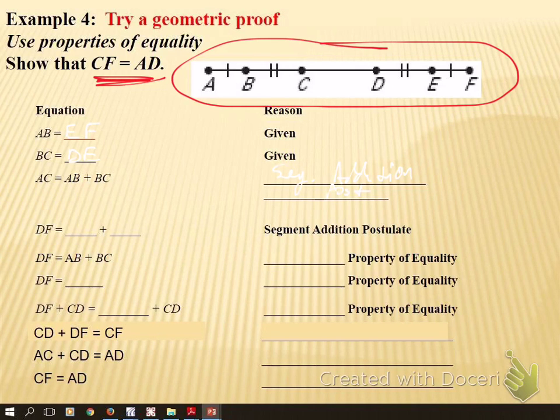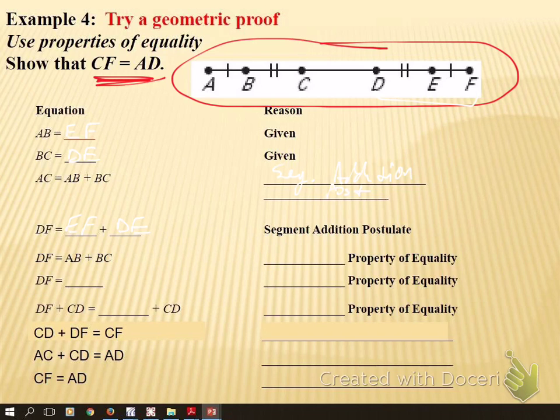Okay. Well, same thing for DF. If you look at DF, DE plus EF would help get DF. That's the segment addition postulate, which is what we suggested to use. So EF plus DE. Right? Now, look here.